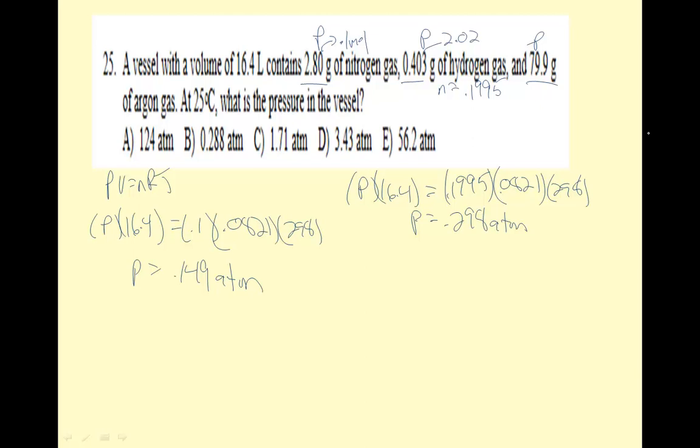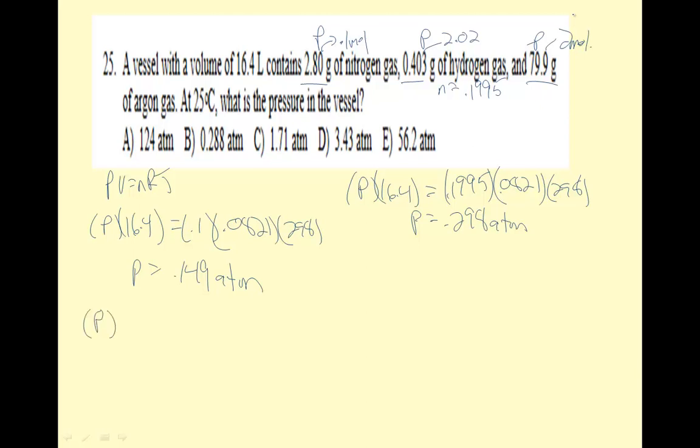Argon weighs... I don't know what argon weighs. Silly periodic table. Argon weighs 39.95, which is half of this, so 0.5 moles. No, it's not. It's 2 moles. Shame on me. 2 moles.